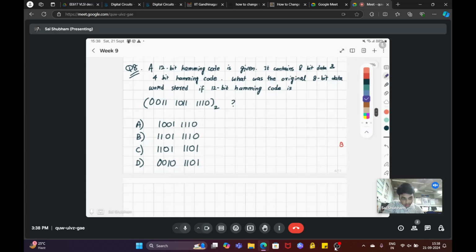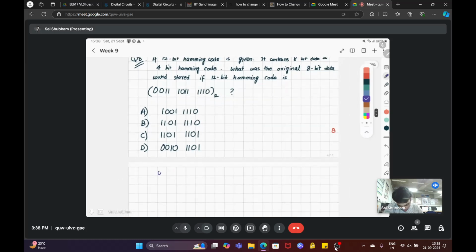Let's discuss the answer. Okay. So 0 0 1 1 1 0 1 1 1 1 1 0. So the location of parity bits are 0 1. It's not 0 1. Actually, there is an error in numbering.